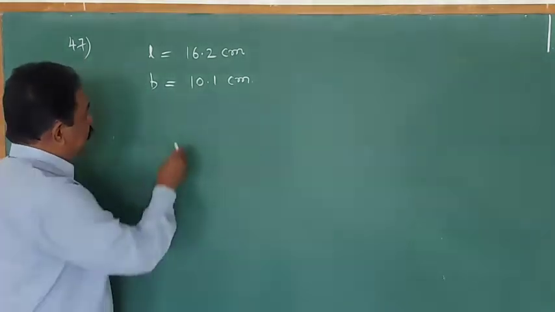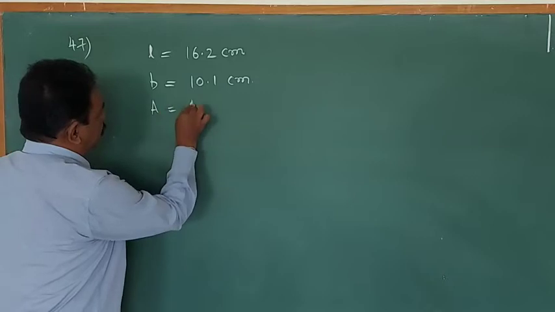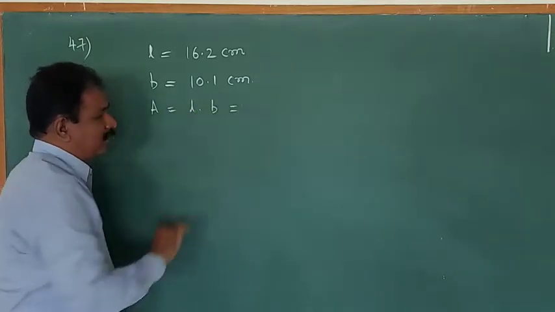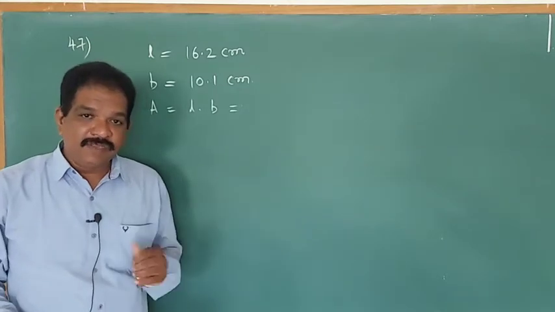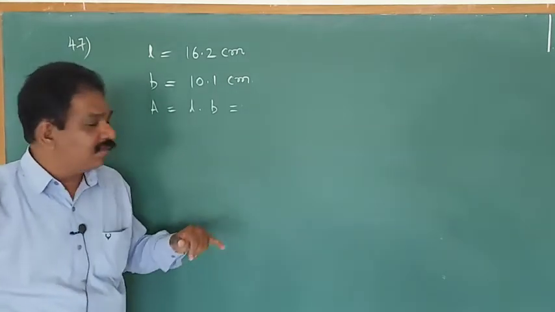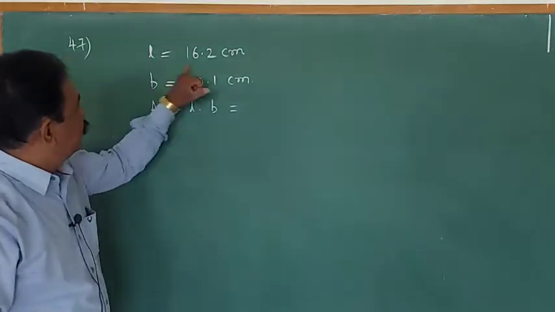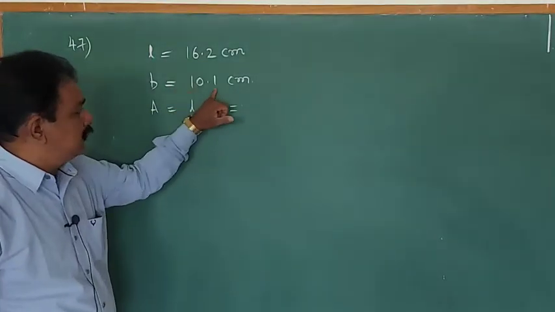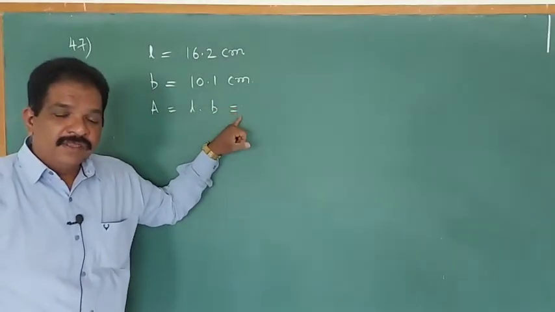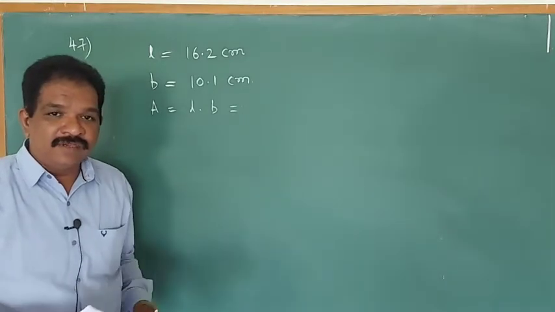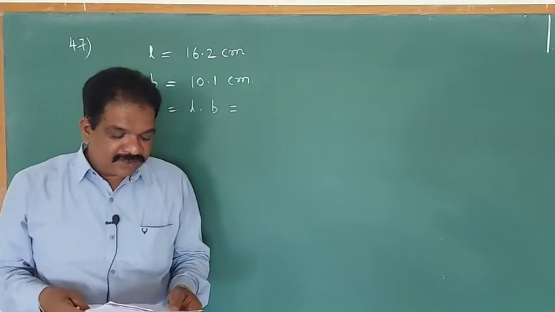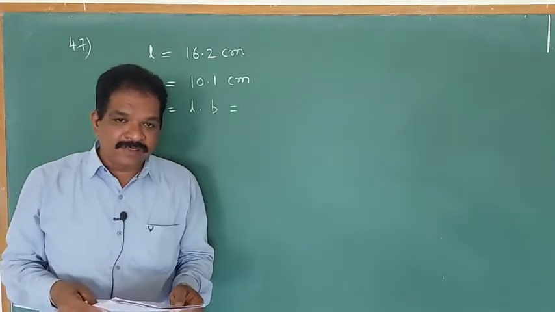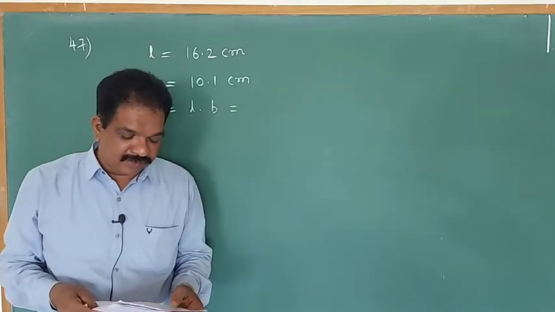So area is equal to length into breadth. That will also have 3 significant figures only. According to rules of significant figures, if length is having 3, breadth is having 3, area will also have 3 significant figures. Observe the answers. First option 164, 3 significant figures.